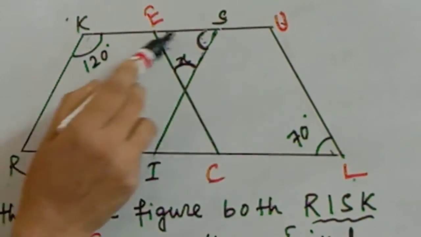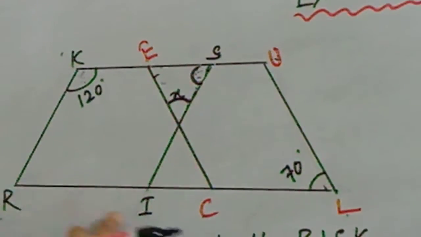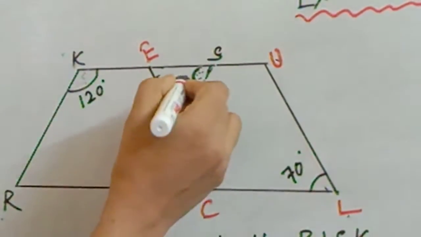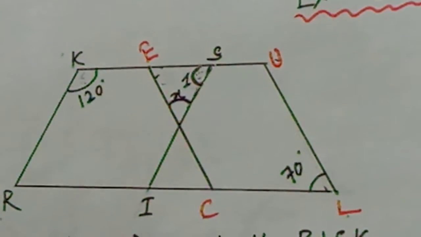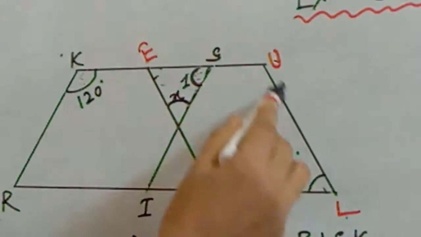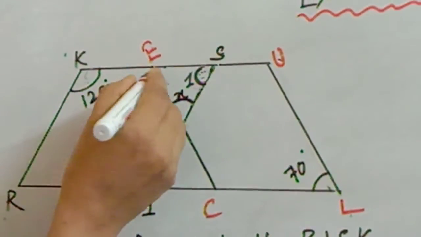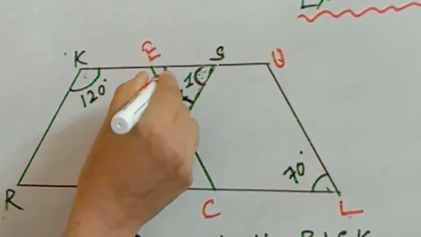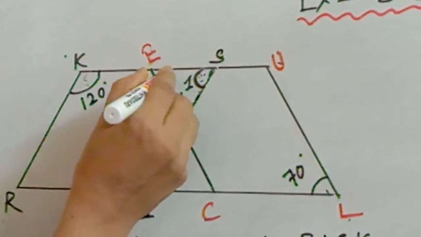Let the name of this angle be 1. And in another parallelogram CLUE, angle L and angle E are the opposite angles. We are giving the name of this angle as 2.